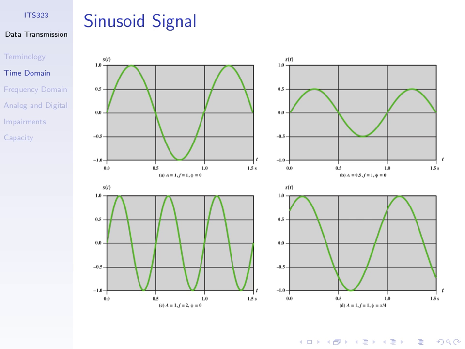Next one, amplitude is back to 1. Sine. And we set f equal to 2. 2 pi ft is the general form, which becomes 4 pi t. And the phase is still 0. Note the general form, 2 pi ft, where f is the frequency. In this case, f is 2, so it becomes 4 pi t.